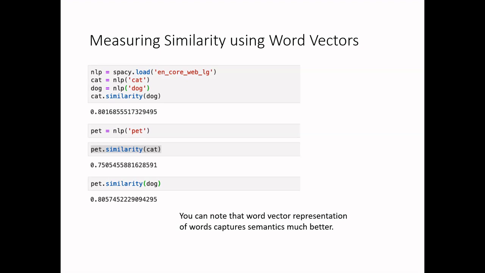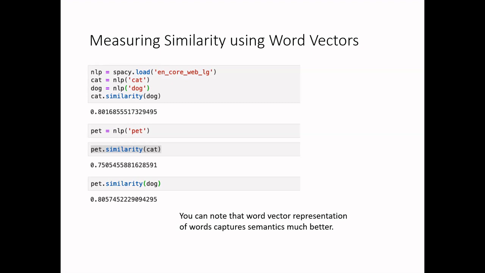So cat similarity with dog and dog similarity with cat will be the same number, because you're looking at two vectors and calculating their dot product, so it doesn't matter which vector you put first. It's the same.